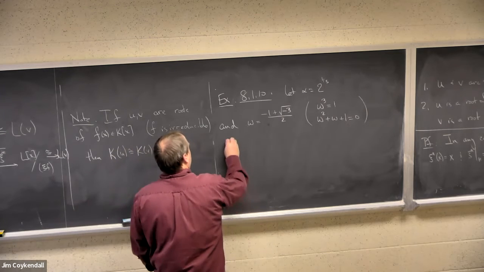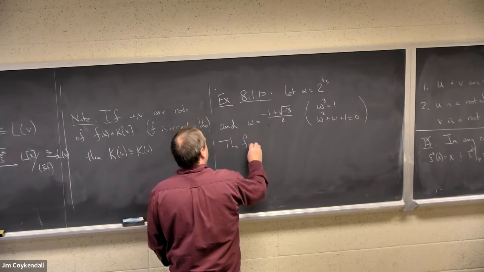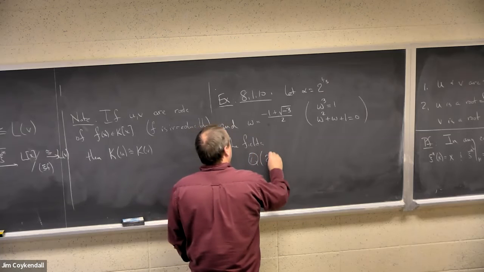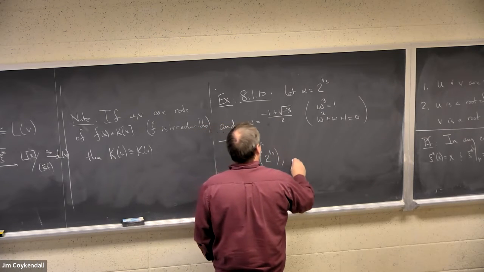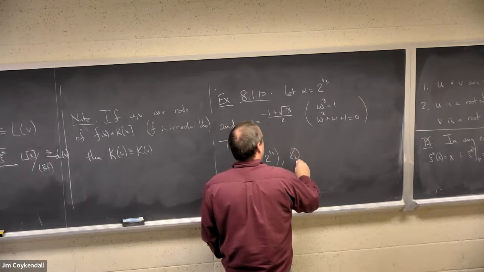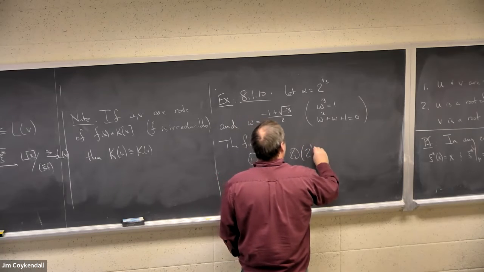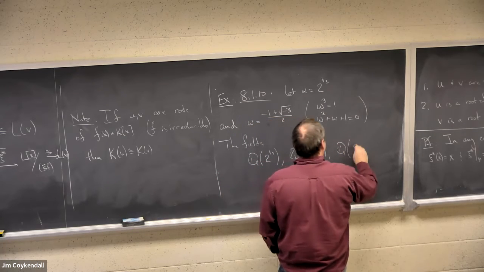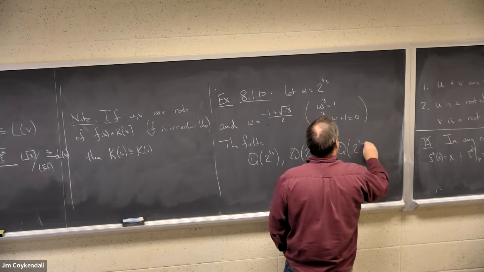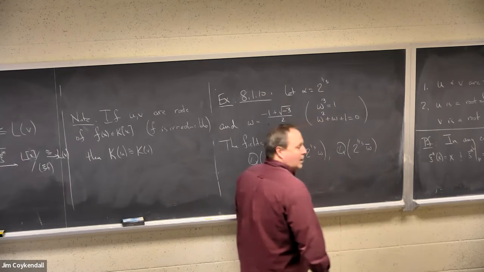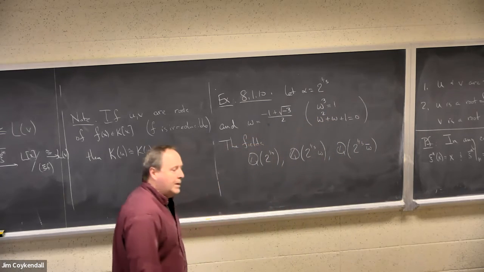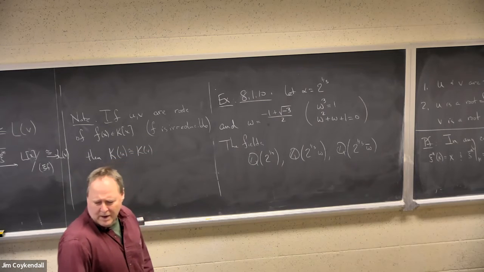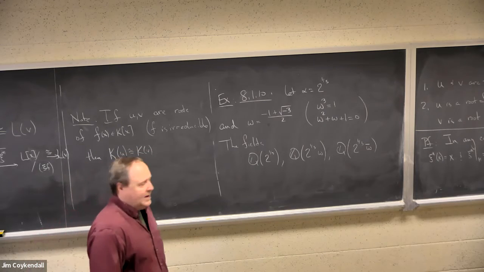The fields Q(2^(1/3)), Q(2^(1/3) omega), and Q(2^(1/3) omega bar), which, by the way, in this case, omega bar, the complex conjugate of omega, is the same thing as omega squared, are distinct.